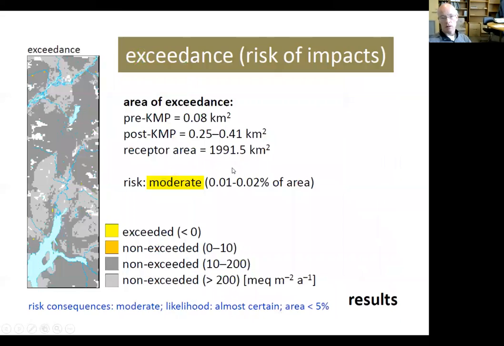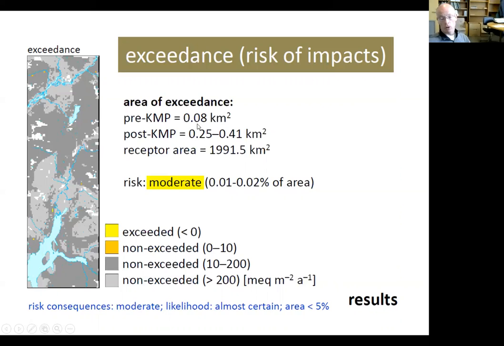And if you look, that's all there was. That small little bit of yellow was the only part of the valley that we estimated to exceed the critical load. And notice there were sulfur dioxide emissions prior to the development.